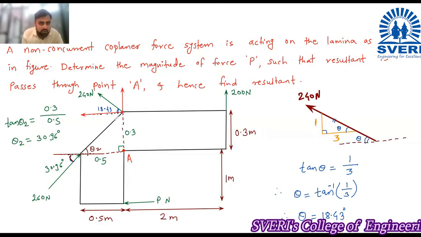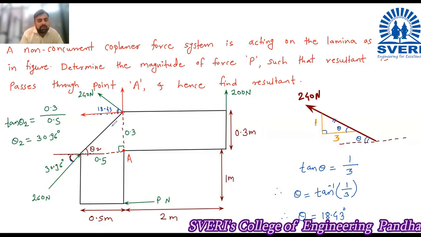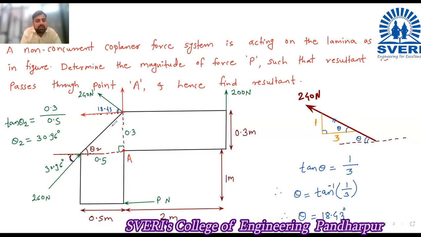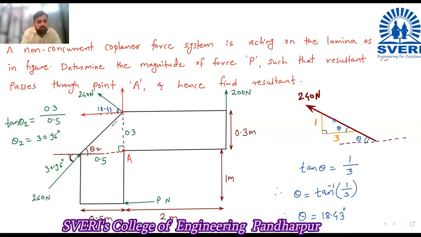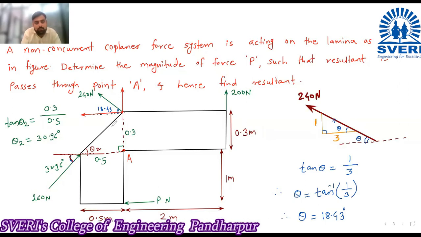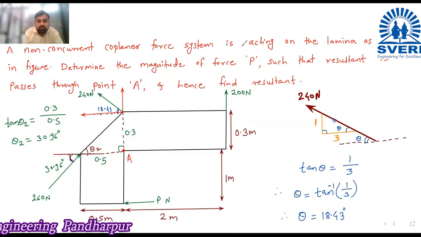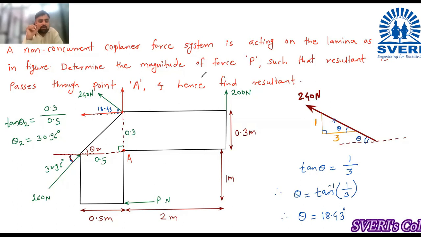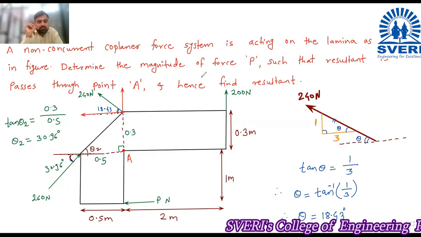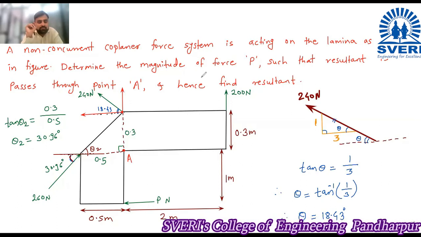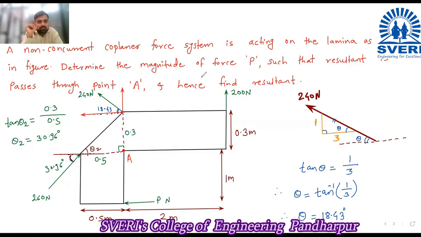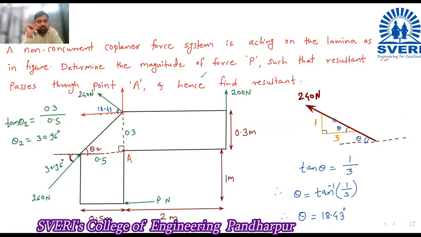Now 240 is the magnitude and the angle is 18.43. So tell me which component is cos and which component is sine. X-axis cos.